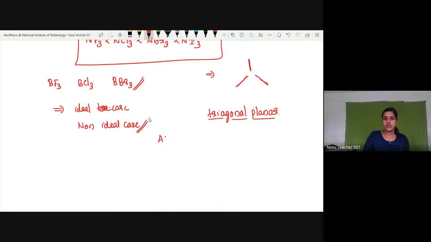In the case of trigonal planar, it's AB3. There is no lone pair and they are arranged at 120 degrees in space.